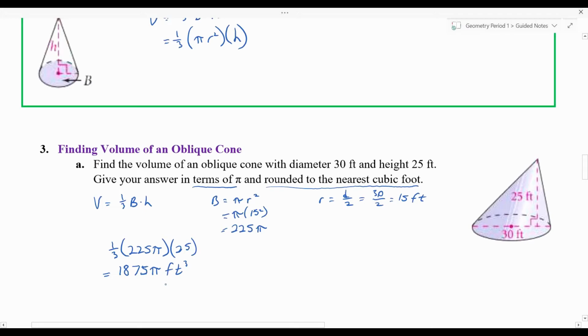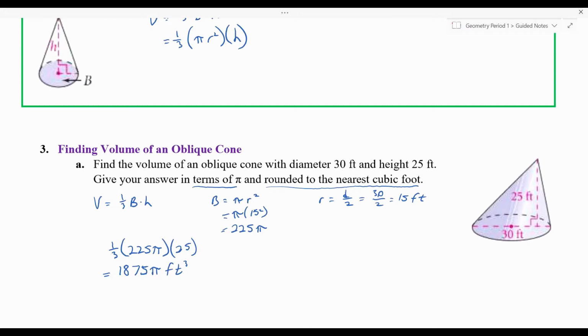Now I need to calculate this to the nearest cubic foot as the instructions state. So all we're going to do is take the 1875 and multiply it times the actual value of pi. For me, in my class, you guys can use 3.14 as the approximate for pi.